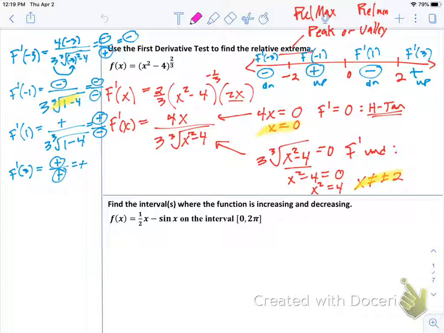The fact that this went downhill to uphill around negative 2 is proof that there is what we call a relative minimum. If you go downhill and then uphill on a graph, then you have to have hit a low point or a valley, so a minimum happens here.